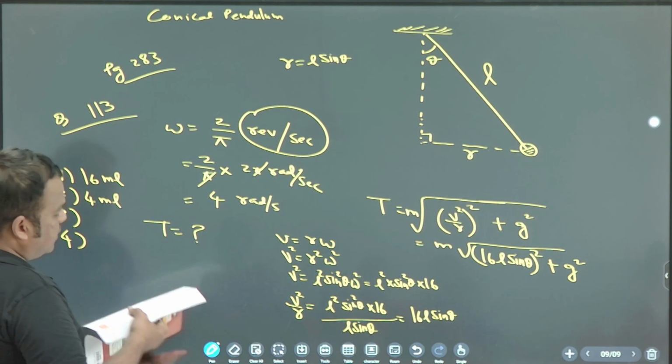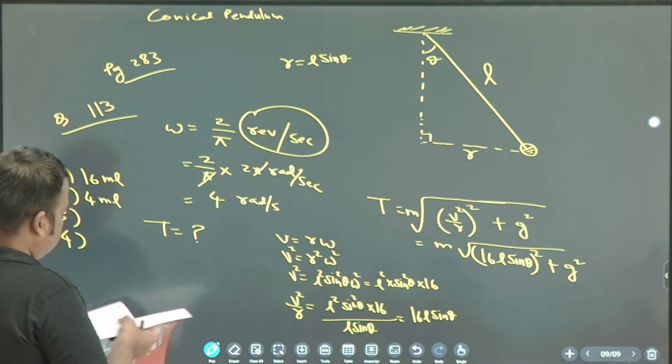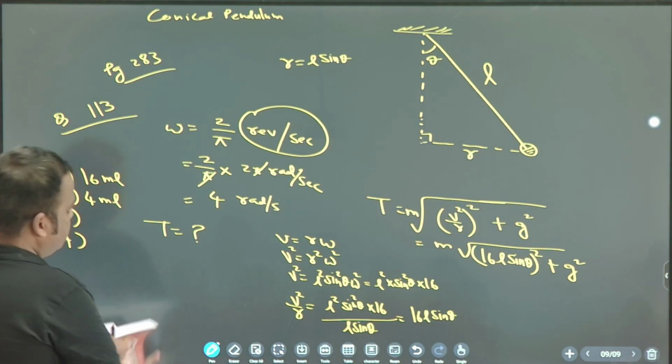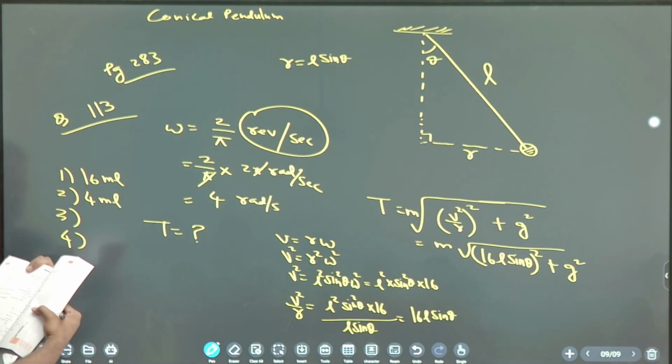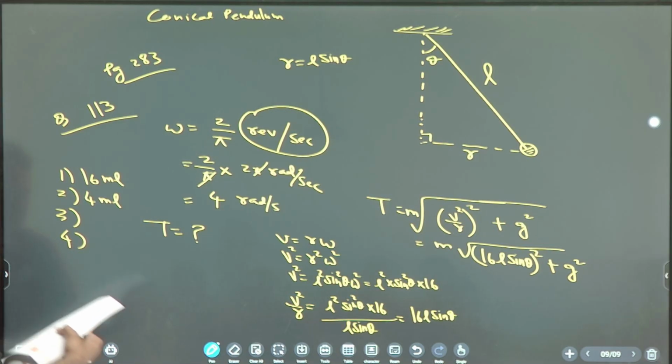Okay, theta is not given actually. Okay, different formula they are using. Okay, height.